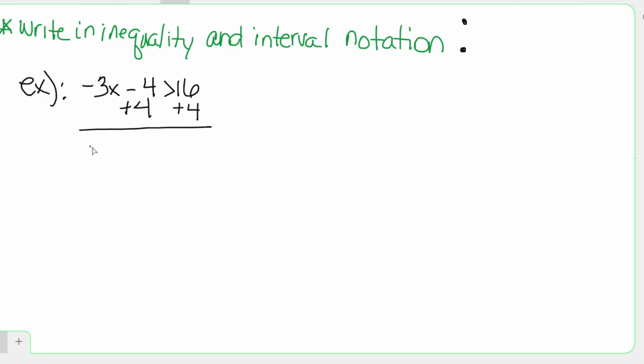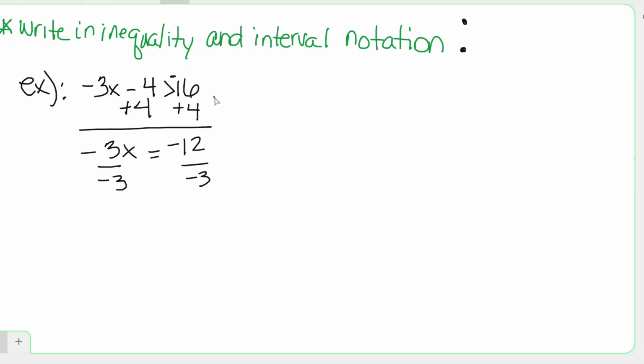Now we're going to have negative 3x equals, I'm going to change this 16 to a negative actually. Negative 16 plus 4 is negative 12. Now you're going to divide by negative 3.